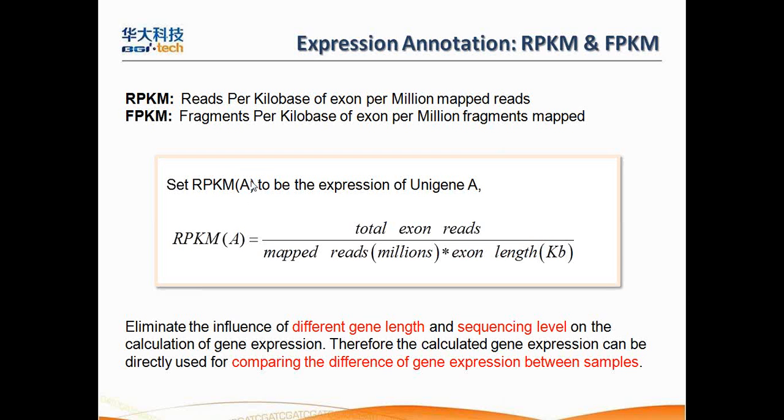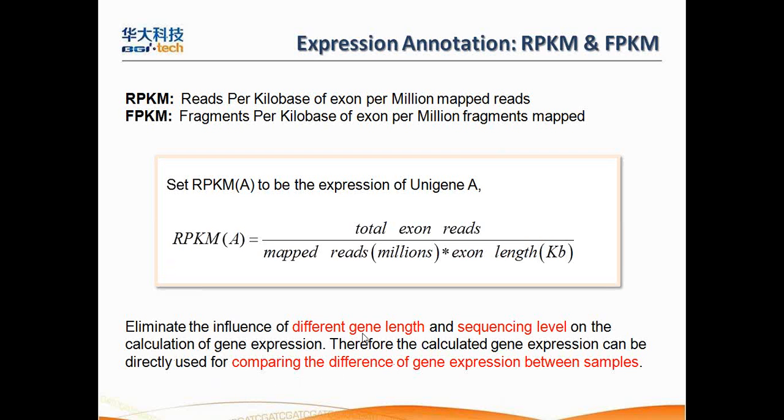This is the expression value of unigene A. Here is the total reads mapped to the exons of unigene A. This should be divided by all the mapped reads to the transcriptome, that is, to all the unigenes, and then also this number should be divided by the exon length.